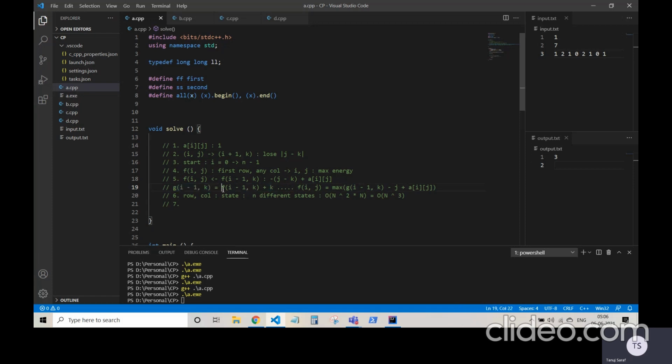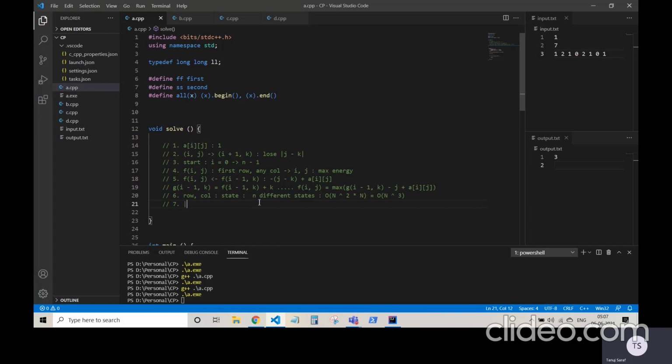We could have maintained the entire maximum for that particular (i-1)th row, and therefore we would get this value in order one time. So we have eliminated this into n factor. The n transitions that we had to do, we have eliminated them as a single transition by storing the maximum value itself, right? But this was the case if we did not have a modulus.